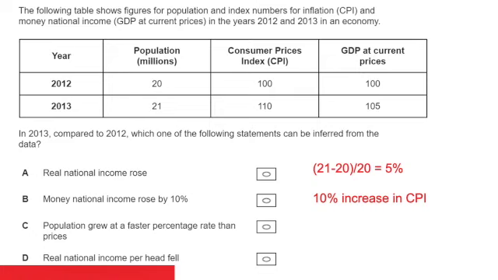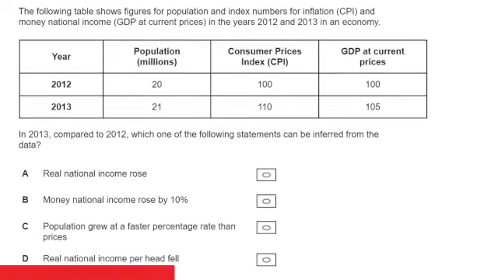So let's have a look at what we can do with the others. Again, what we have to do is get our 100 divided by 20, which gives us our GDP per capita of 5. Our 105, because we're looking at GDP at current prices in 2013, divided by 21, and that gets us 5. But we have to now take into consideration the prices.